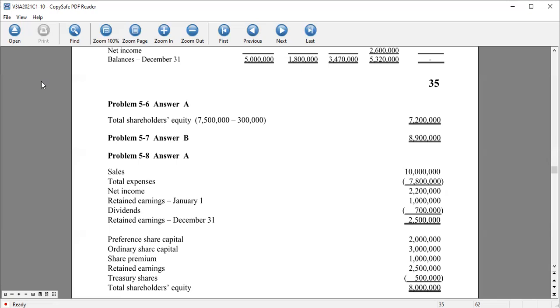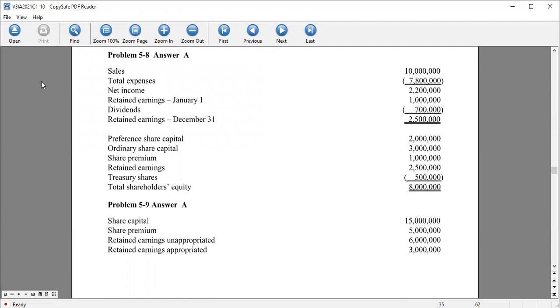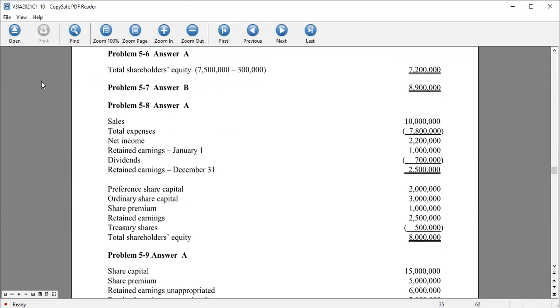So we have the retained earnings at the end. For preference share capital, add ordinary share, share premium, and we have the retained earnings, total ending balance, and we have to deduct the treasury shares. So 500,000. So the total stockholders equity for 5-8 is in the amount of 8 million. So that's why 5-8 is letter A.